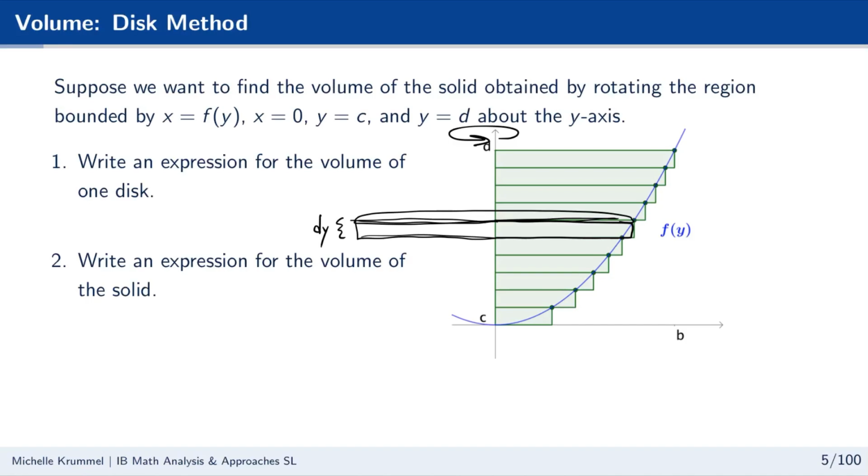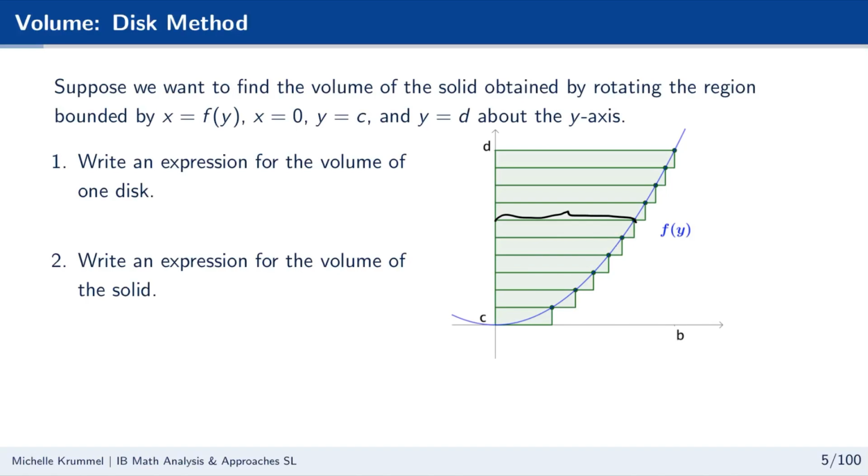And the radius of this cylinder is just this horizontal distance. To find horizontal distance, we take the right endpoint x value minus the left endpoint x value. So we'll just look at this rectangle here, and we'll follow this down, and we'll just say that's x sub k. Then this is y sub k.